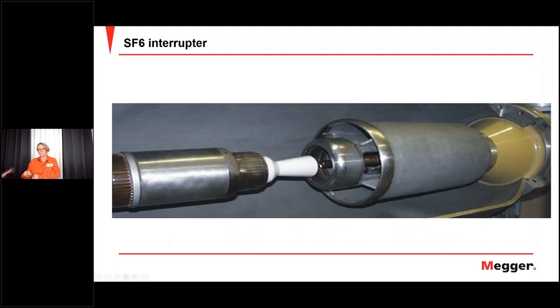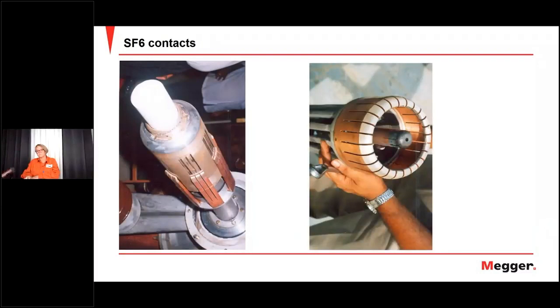And this way it also has a higher resistance, so the current gets a little bit limited. And of course, you have SF6 gas as quenching gas. Here you see a circuit breaker which has been in use, also an SF6 breaker with main contact and arcing contact, and the two different sides.